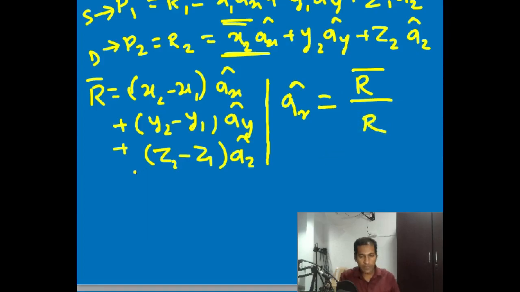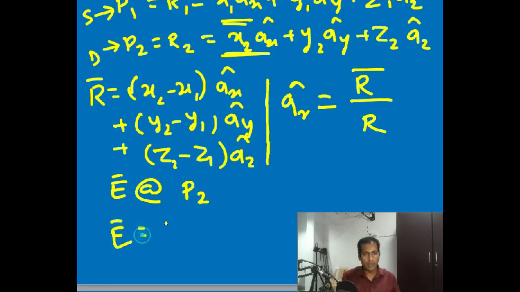So for the electric field strength at P, to find electric field intensity at P2, what we will get? The formula for electric field intensity, we have to integrate. So in place of Q, what we have is rho L. Rho L is equal to say dq by dl.